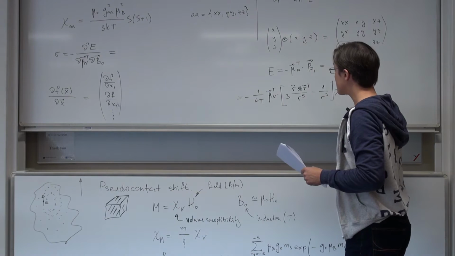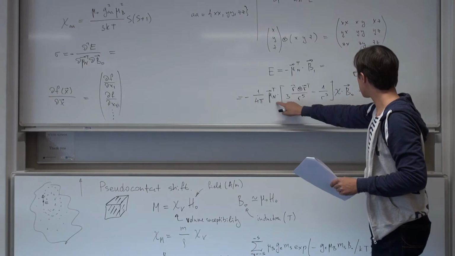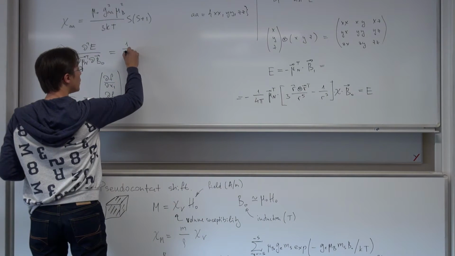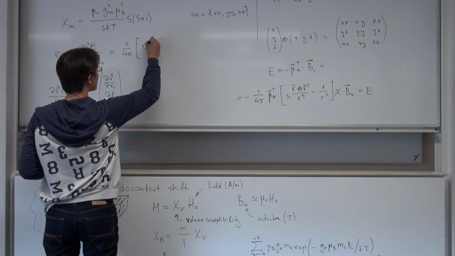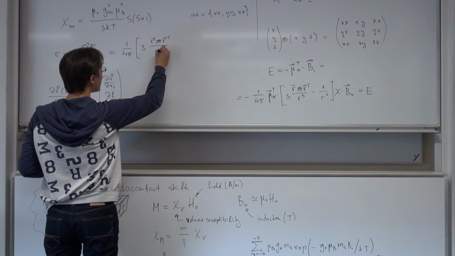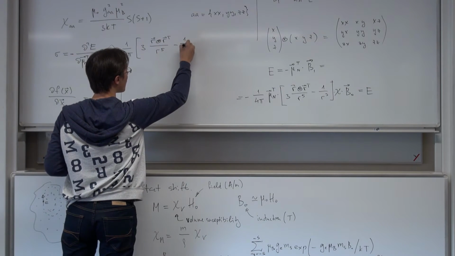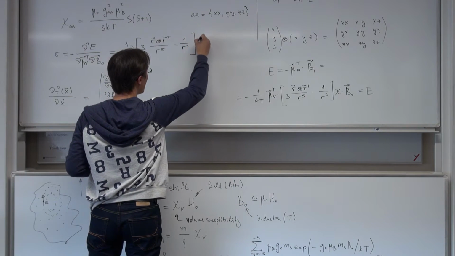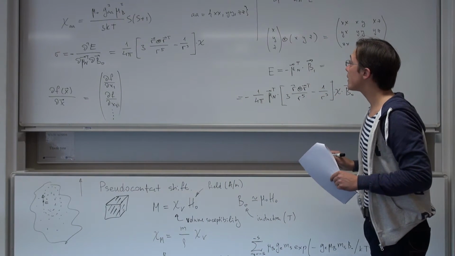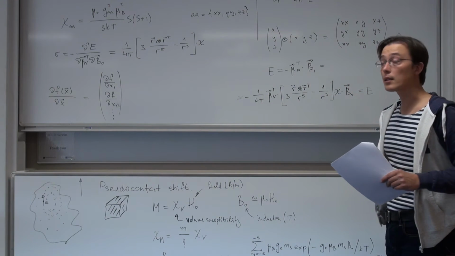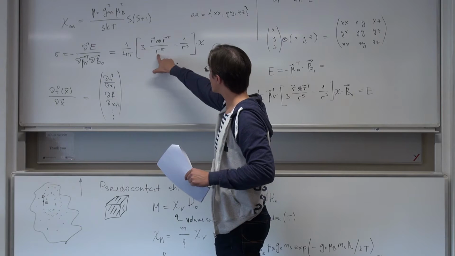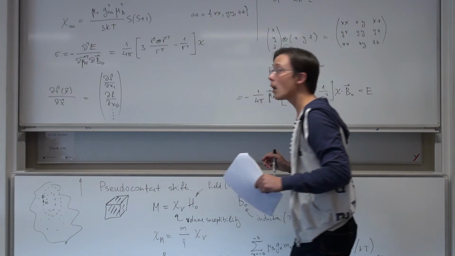And so after taking the derivative, this minus disappears, this disappears, this disappears, and so what we've got is 1 over 4 pi, 3r cron r transpose over r to the fifth minus 1 over r cubed. And that is the chemical shift tensor that is generated by the presence of that electron, which is assumed to be sitting at the origin, at the point where our nucleus is sitting, which is R.